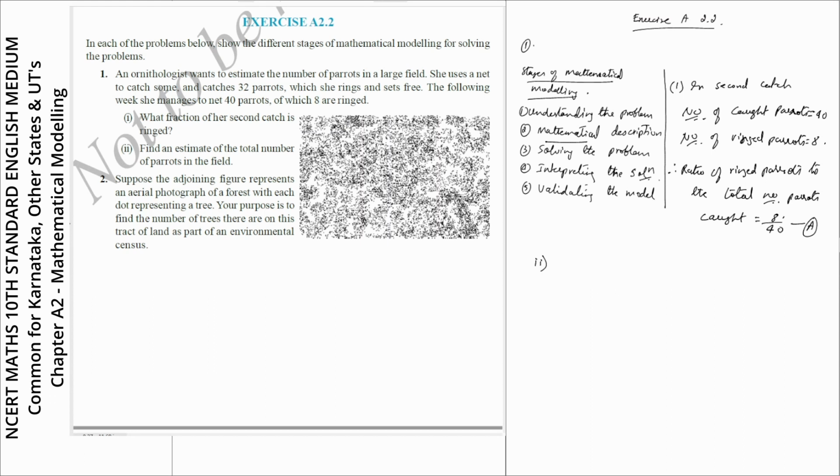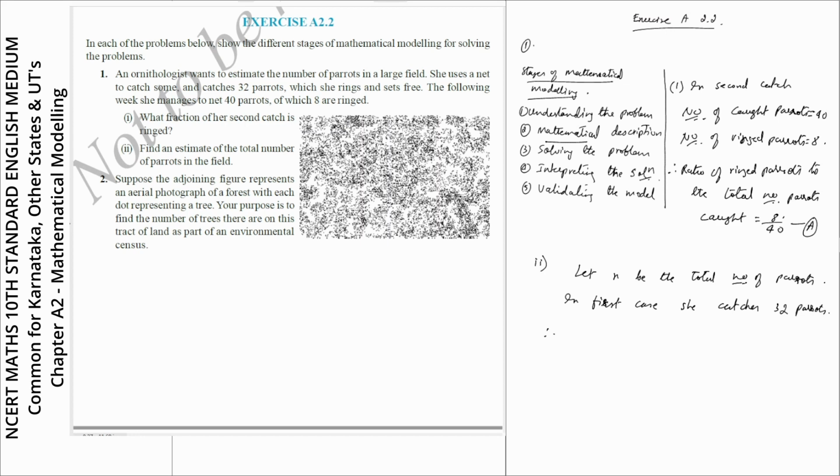So here I'll assume x to be the total number of parrots. In the first case, she catches 32 parrots.